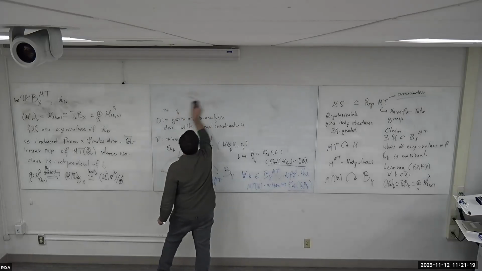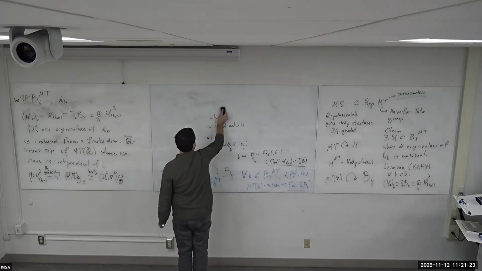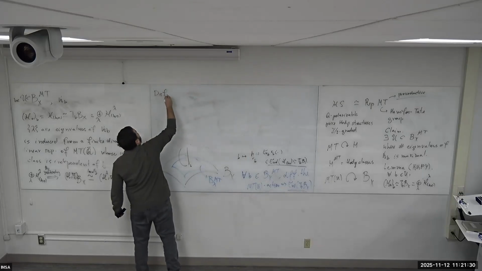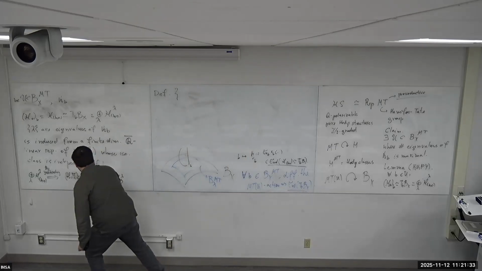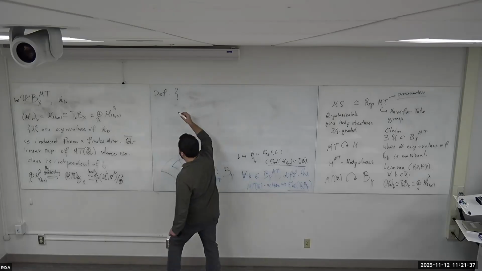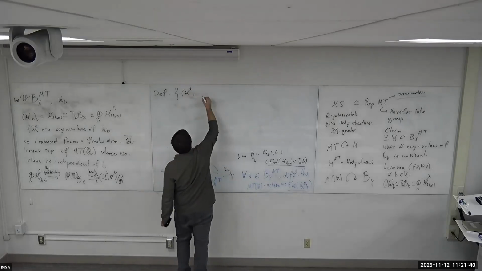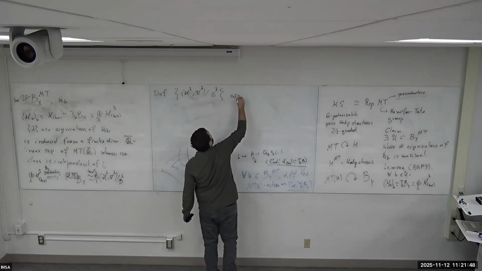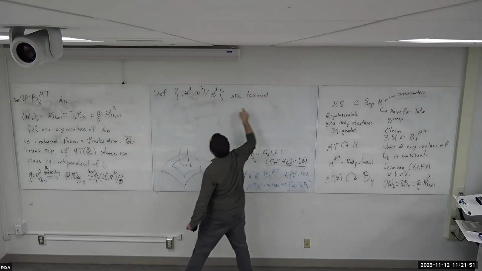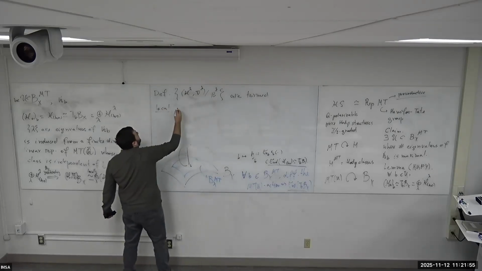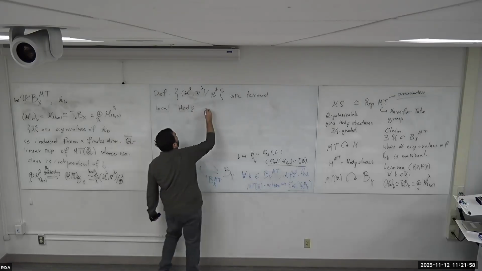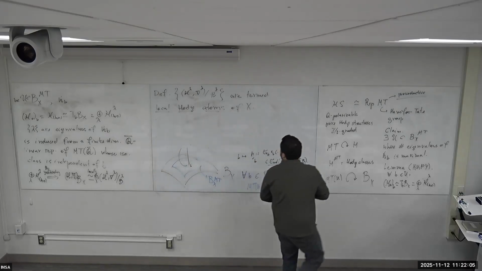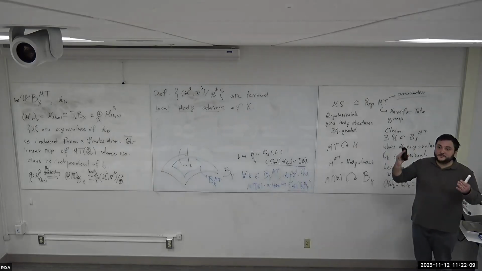Definition. The collection of H lambda, G lambda are termed local Hodge atoms of X. Local because they come from a given variety.